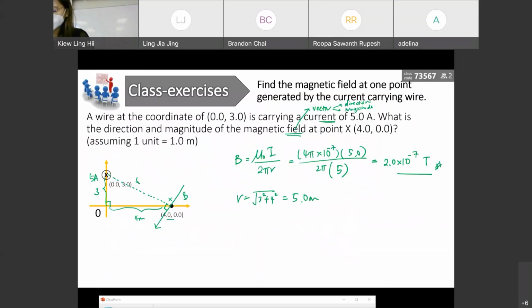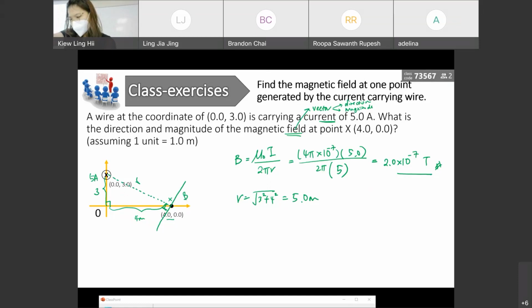It is perpendicular to the radius. Once you have drawn the tangent line, make sure it is perpendicular to the radius. Then for the direction, whether up or down, use your right hand grip rule. Okay, current going into this 5A.